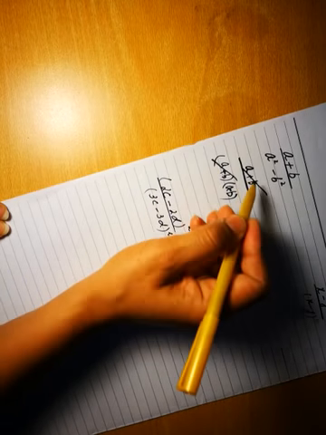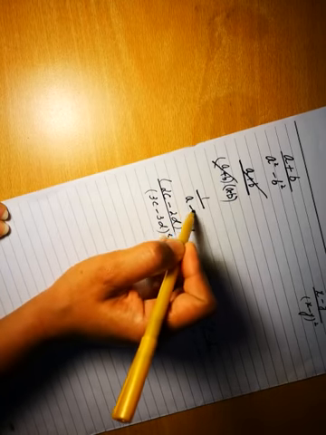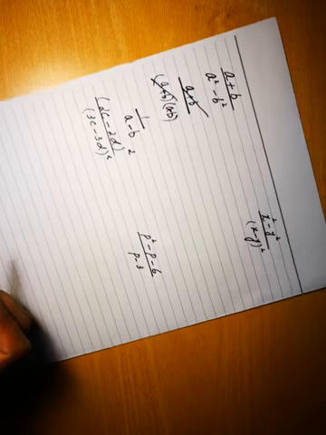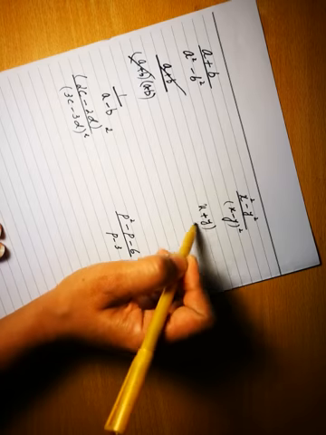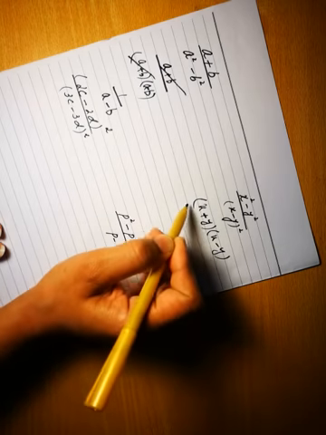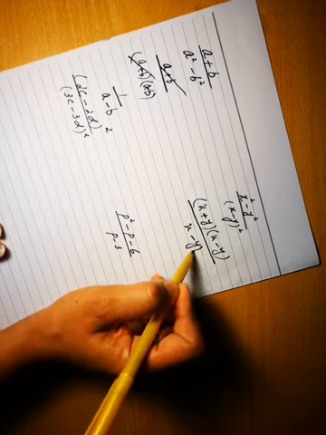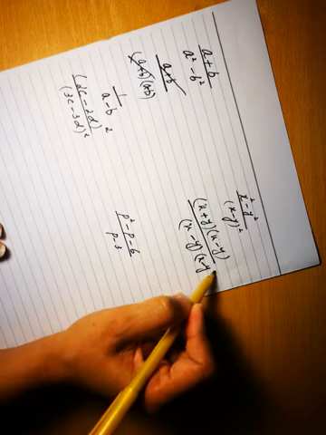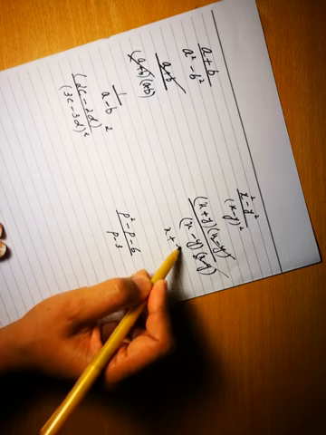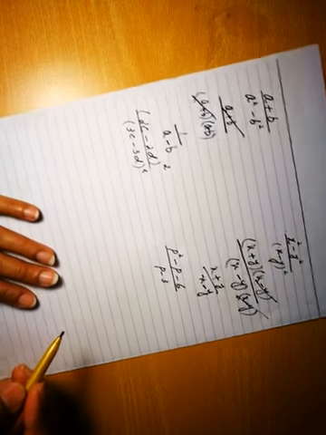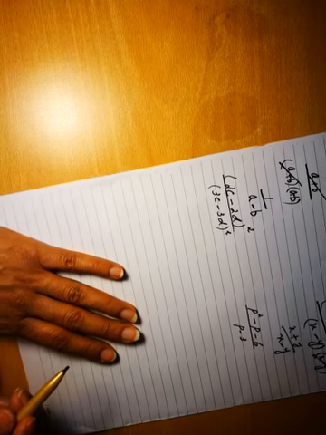So a plus b will be cancelled out, I'll be left with 1 over a minus b. Similar problem here, x square minus y square can be written as x plus y, x minus y, and x minus y whole square means x minus y times x minus y. So one of them will be cancelled out. X plus y over x minus y is my final answer.